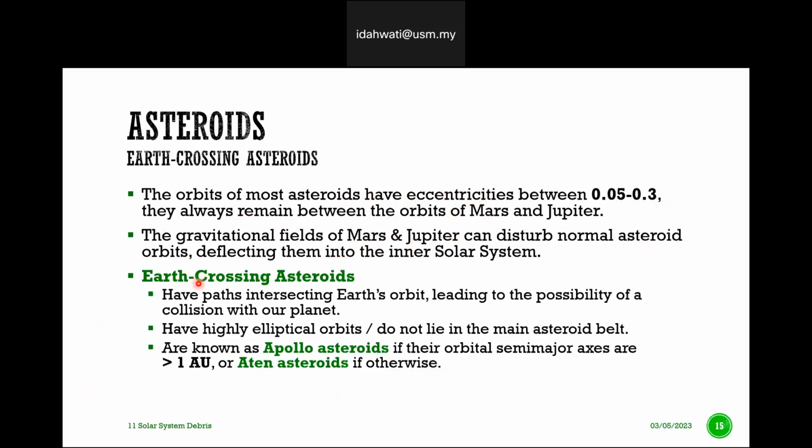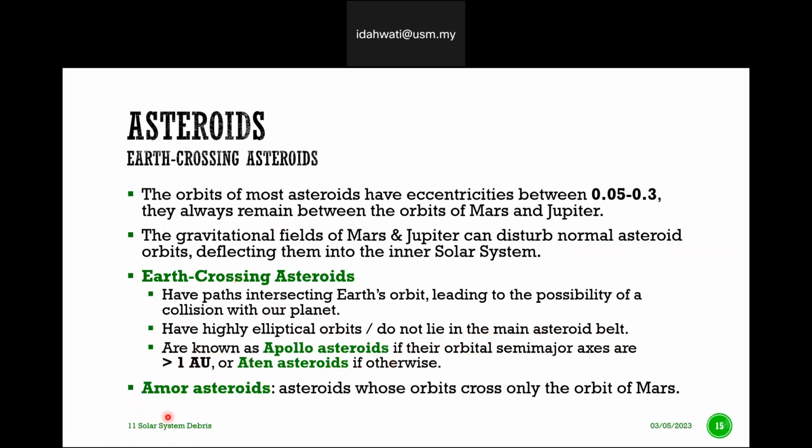The Earth-crossing asteroids have paths intersecting the Earth's orbit, leading to the possibility of collision with our planet. They have highly elliptical orbits or do not lie in the main asteroid belt, and are known as Apollo asteroids if their orbital semi-major axes are more than 1 AU, or Aten asteroids if otherwise.